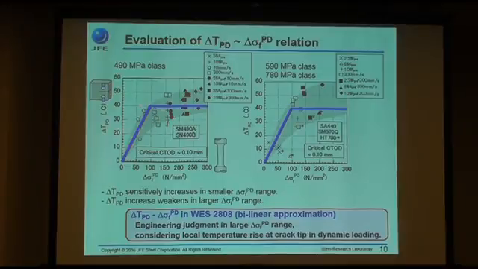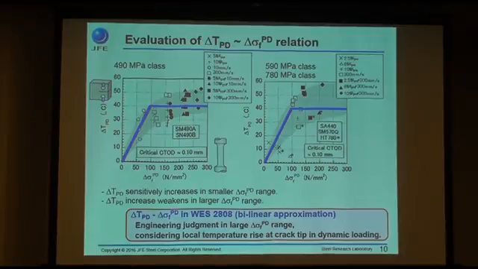However, beyond a certain flow stress change level, the increase of the transition temperature rise gradually saturates. Maybe this is caused by the local temperature rise at the crack tip due to the dynamic loading.